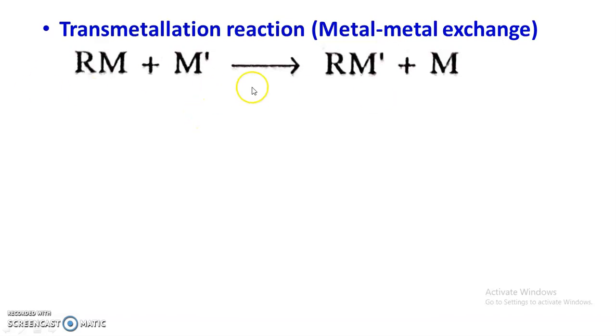For example, consider the general reaction R-M, that is one organometallic compound of mercury; for example, this M is mercury. When treated with M dash, an active metal like sodium, magnesium, etc., this active metal M dash displaces the less active metal, that is M, and there is a formation of R-M dash, that is an organometallic compound of the more active metal.